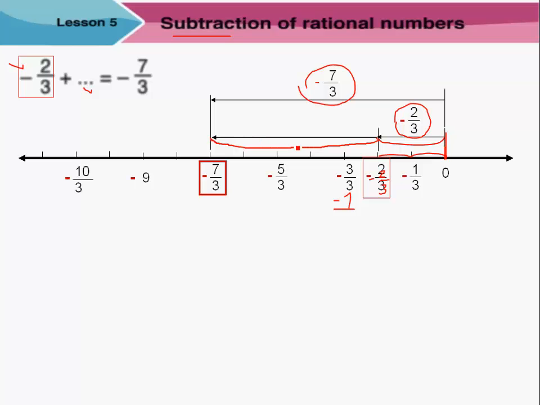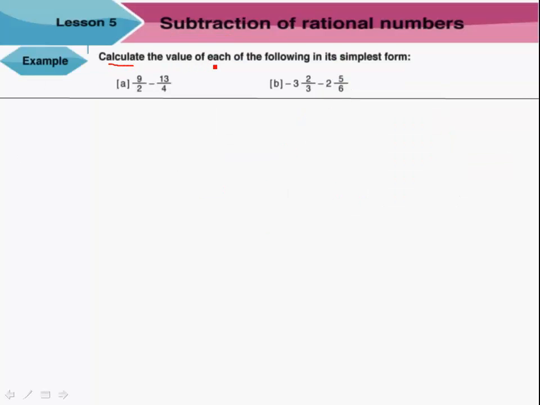The length of this arrow is the missing term here in the equation. Its length is 1, 2, 3, 4, 5, so it will be minus 5/3. So we write minus 5/3 here in the missing term, and this is the solution.